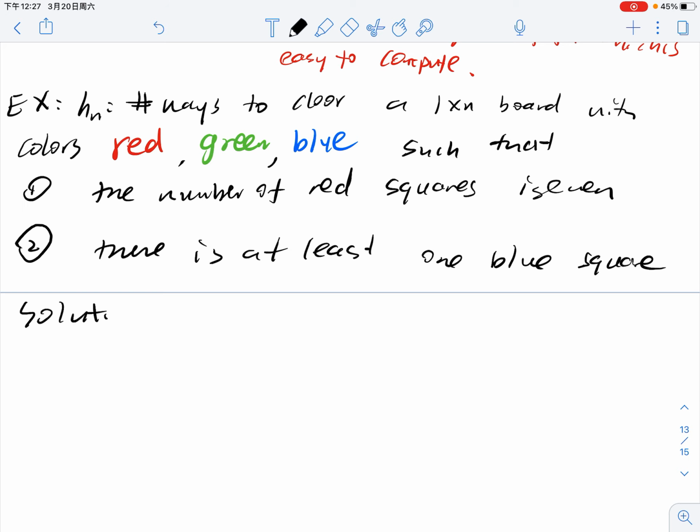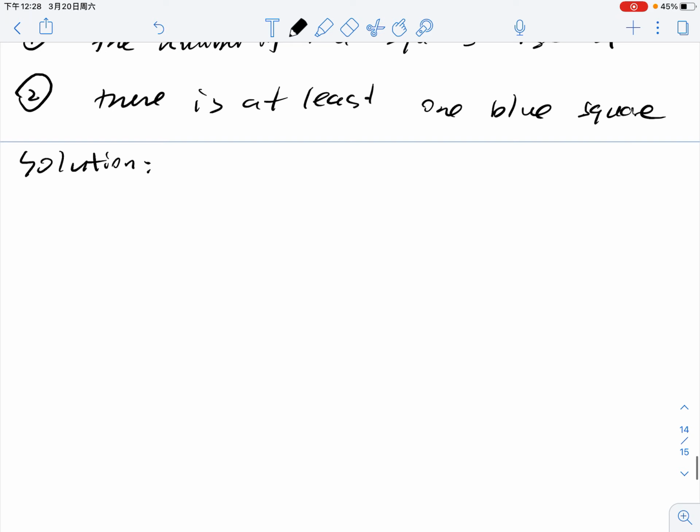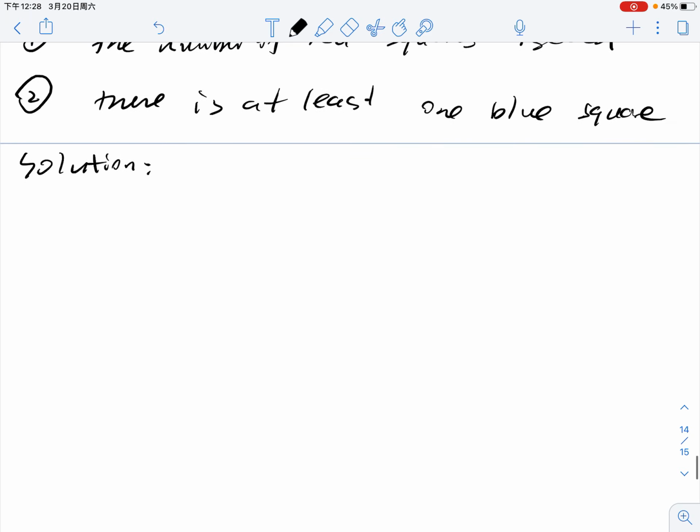The question is actually easy, but the key point is you need to decide which generating function you are going to use. So here, if you already decide you are going to use the exponential one, then you can do the following.